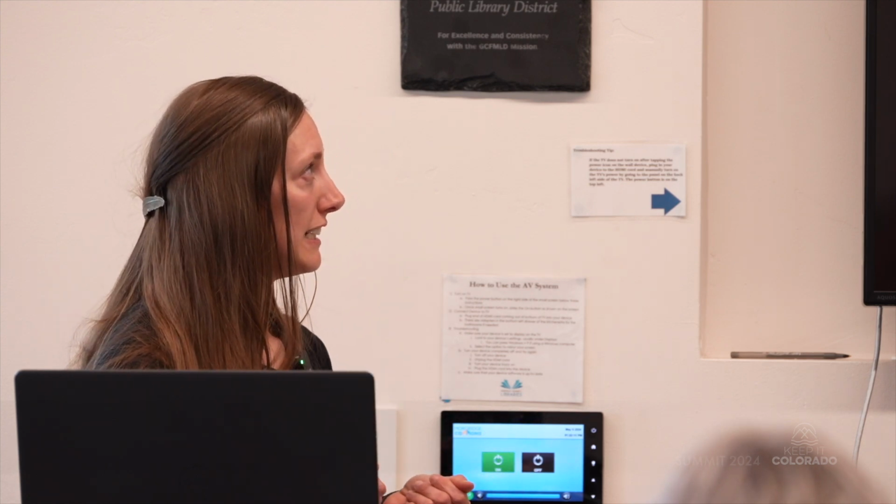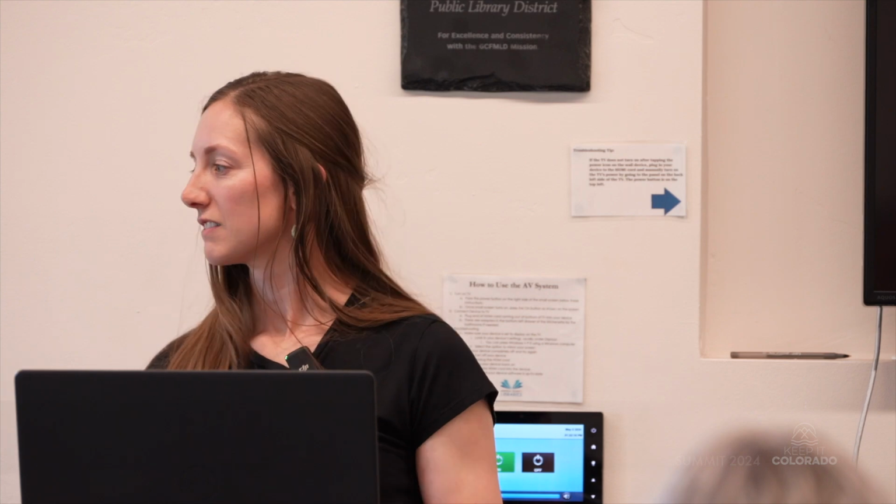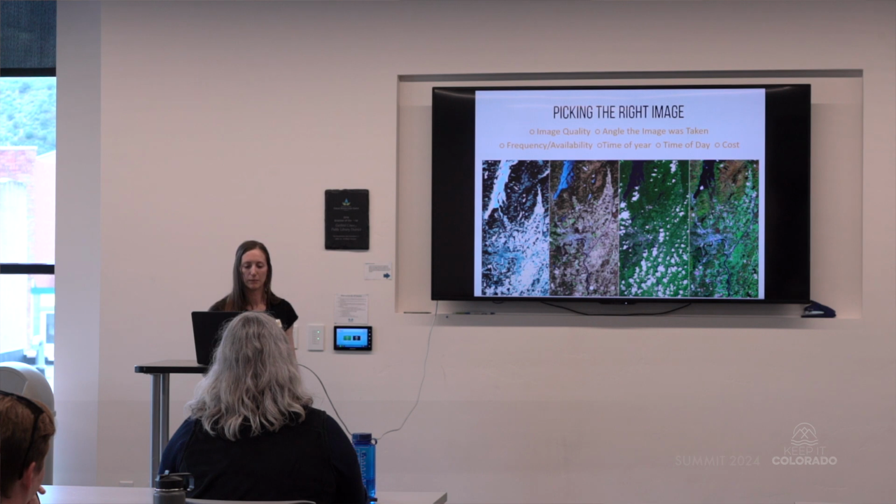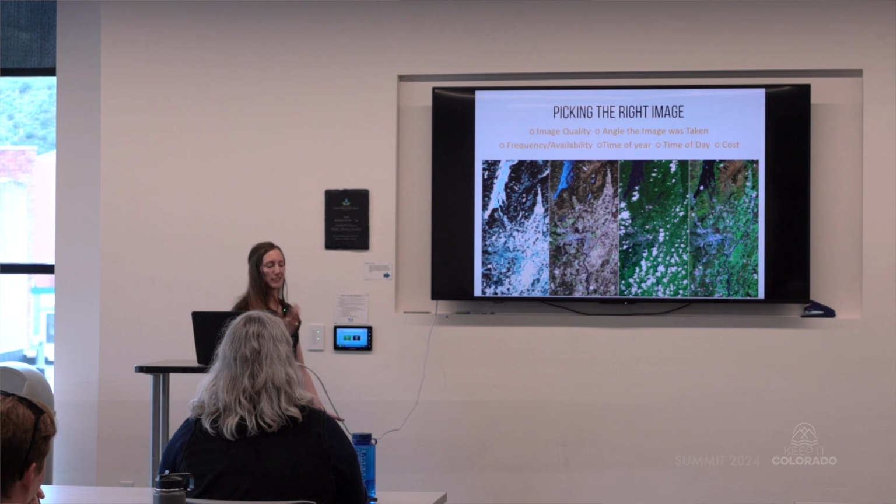And availability, I guess, related: is it even available, right? Like I said, in rural areas in Colorado, we've had instances where there isn't any sub-meter or 1 meter resolution imagery available. Time of year is important. If you want a picture during the growing season, you don't want to purchase an image from December.